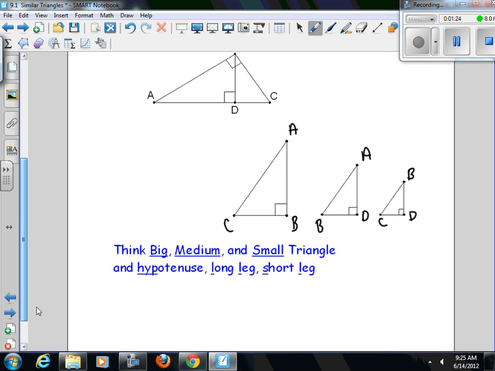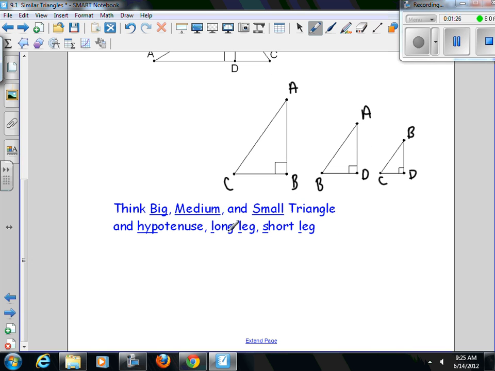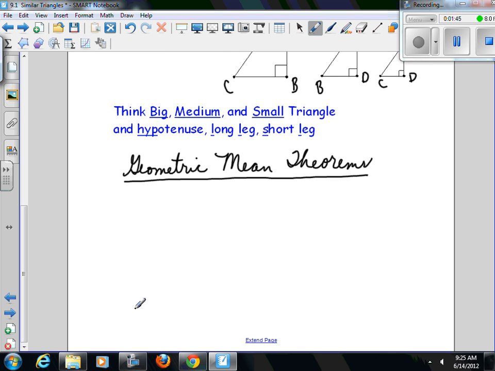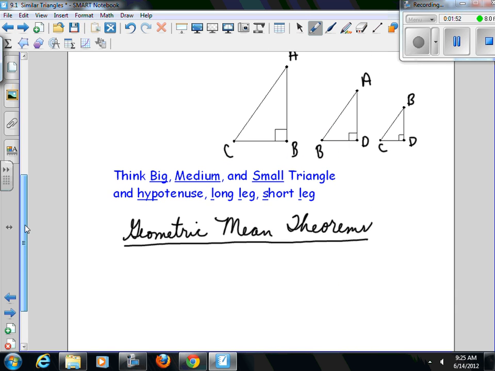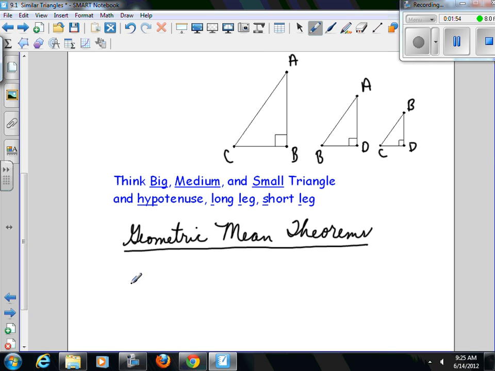Now, what happens from here? All three of these triangles are similar, and I want to write out for you the geometric mean theorems, which tell you about the relationships between the proportions in those three triangles that come from the diagram above.